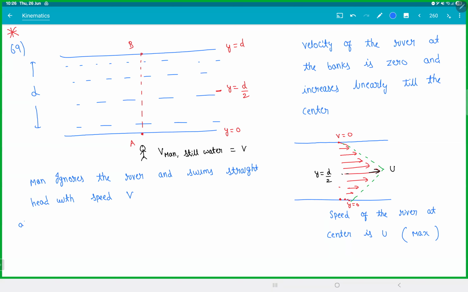So the first question, find the time taken to cross the river. Second question, find the velocity of the river as a function of y coordinate. y is the width of the river there.